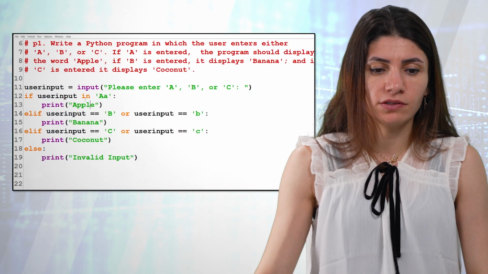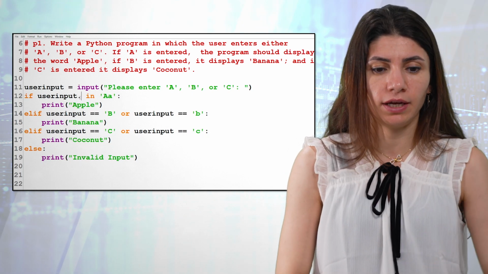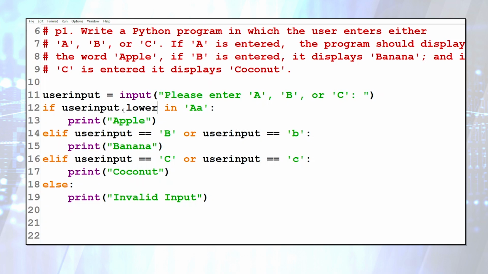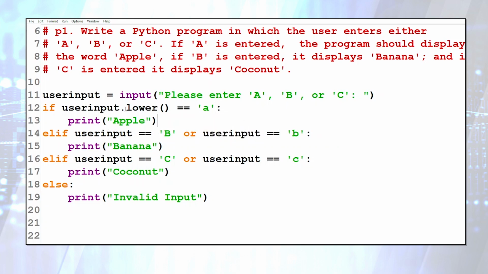So it works that way for you, and it makes stuff like this easy. Here I'm going to say, okay, whatever this user input is, I want you to convert it to lowercase. Even if it's uppercase, convert it to lowercase, and then compare it with this lowercase a. That way you're ensuring the value that you're comparing is also lowercase.